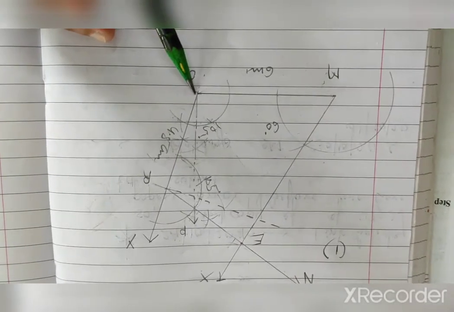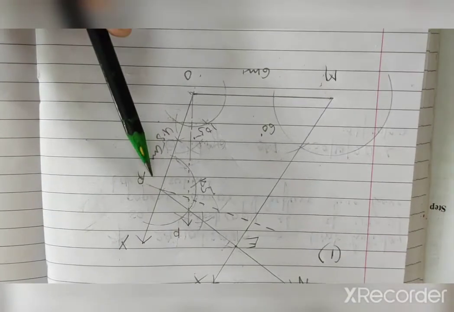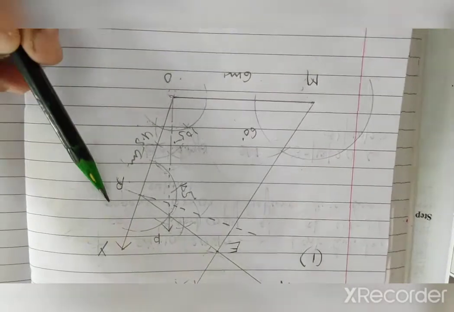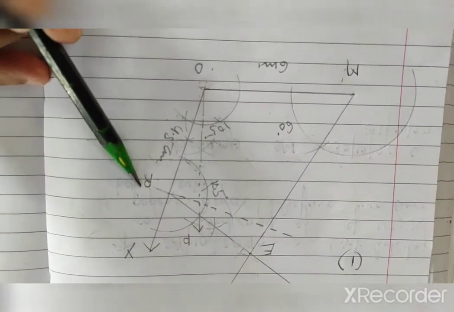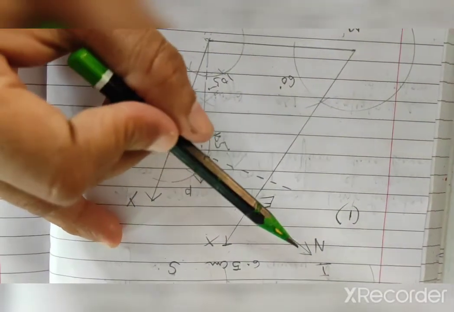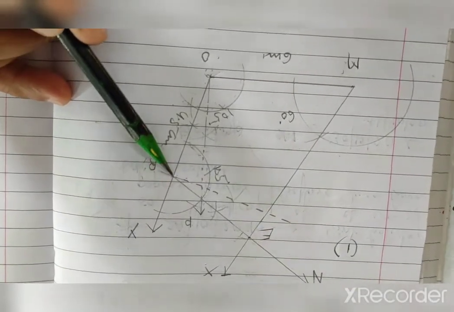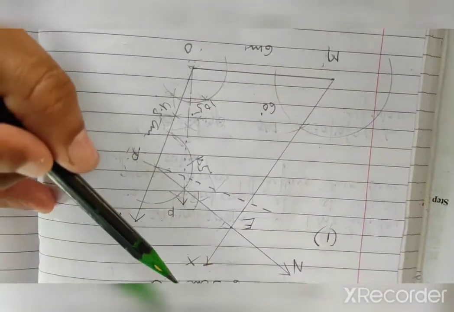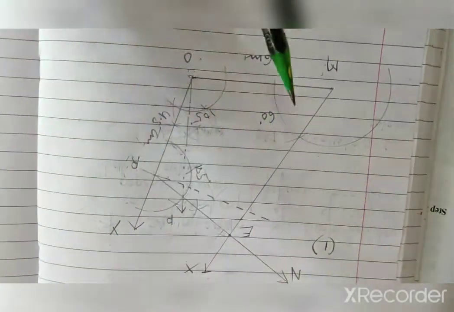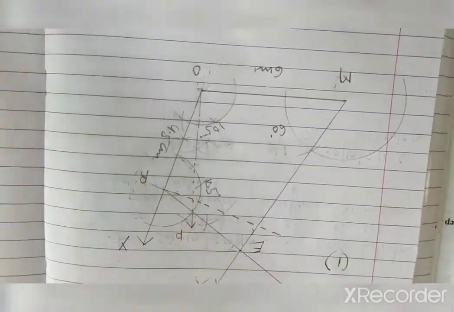Now O is the center, and by taking radius 4.5 centimeter, draw an arc which intersects ray OY at R. OR equal to 4.5 centimeter. Now form an angle ORZ 105 degree which intersects ray MX at E. Quadrilateral MORE is our required quadrilateral.